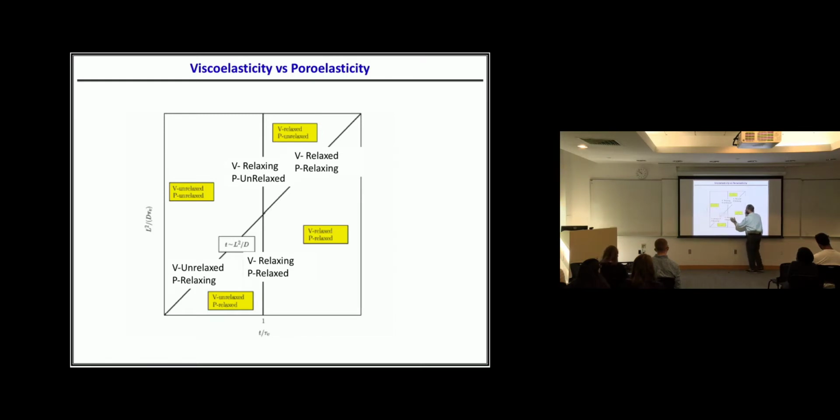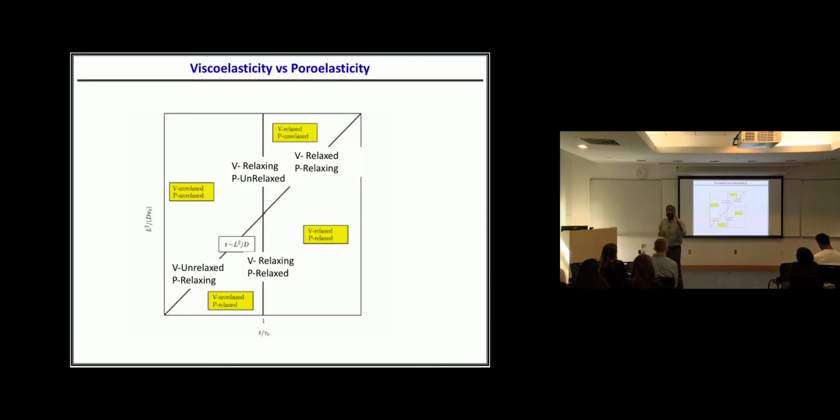If you're crossing this line, that's a little complicated because you're seeing both viscoelastic and poroelastic relaxation. If you're crossing this line, then you're looking at viscoelastic relaxation, and so there are 4 combinations. If I write R and U, how many ways can I arrange them? RR, UU, UR, and RU, 4. So those are the 4 things.